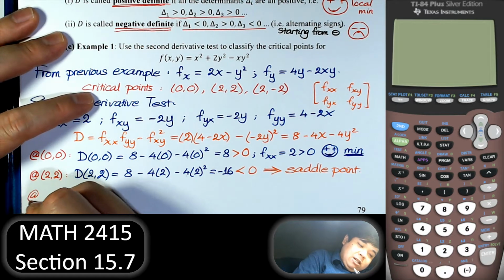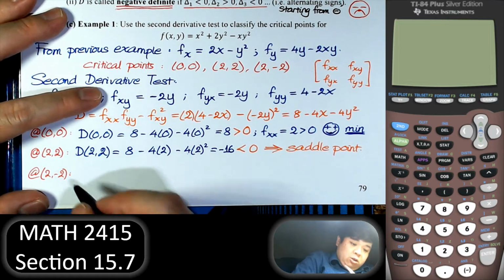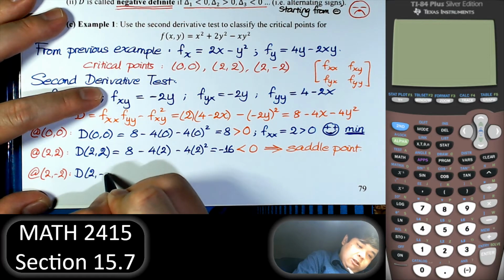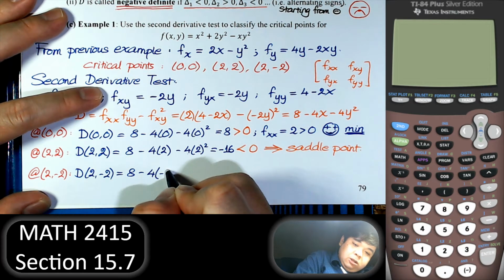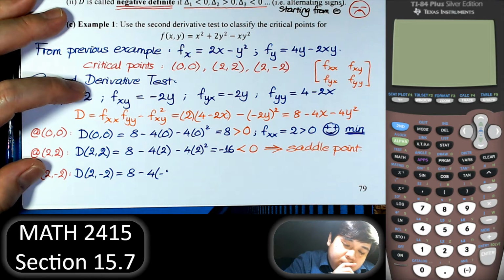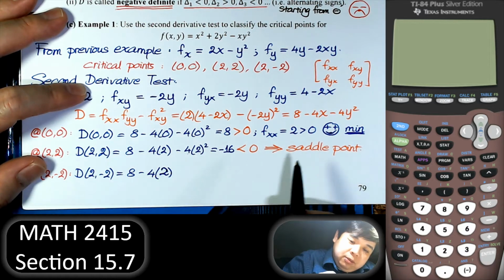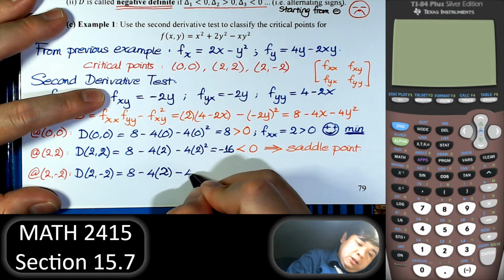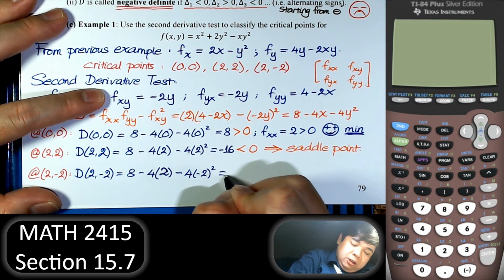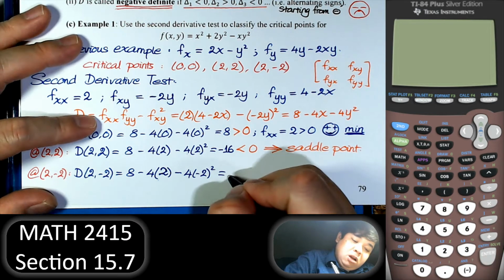And then we have 2 and negative 2. Discriminant, x is 2, sorry, so this is 2. And so there's 8 minus 8 minus 16.